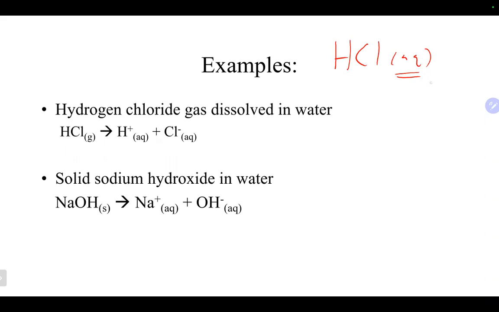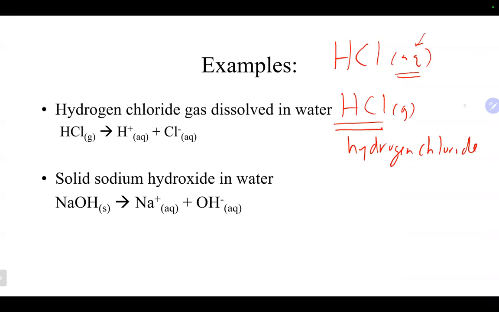All acids will always have this aqueous symbol because they're basically in a water environment. If you had HCl, which is a gas, that is hydrogen chloride. Throw it through some water, you now get the acid, which is hydrochloric acid. So typically speaking, all acids will have that aqueous symbol next to them.